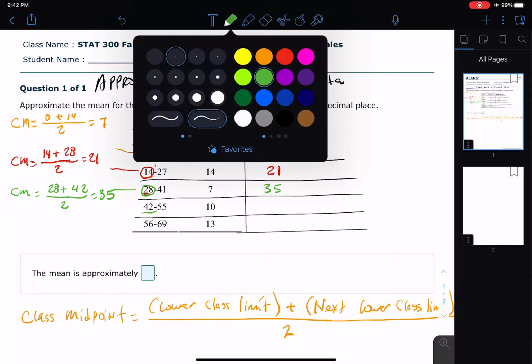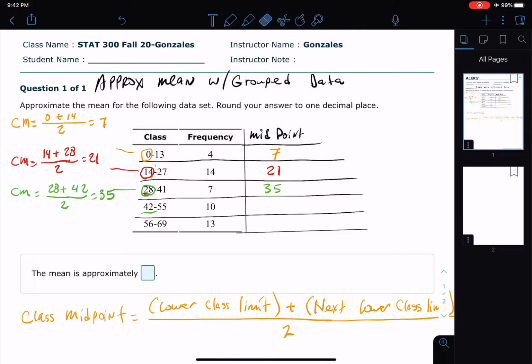Then we take a look at the next class midpoint. I've got the lower class limit of this class, which is 42, and then I need to add that to the next lower class limit, which is 56, and divide that by 2.